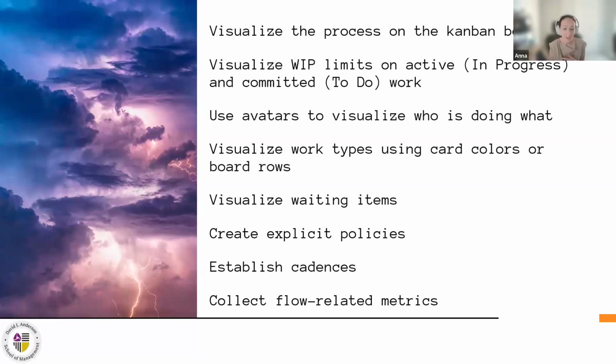Also visualize work item aging and collect information about it, because it's telling you that an item is getting older and older, and eventually it may take a long time to deliver it. You can collect information about delivery rate, which will tell you how many items you deliver in a specific period of time. So there are a few things that you can collect. Start again with what you do today, and later you can check our Kanban guide, for example, if there is anything else that you would like to track, because it's going to help you.